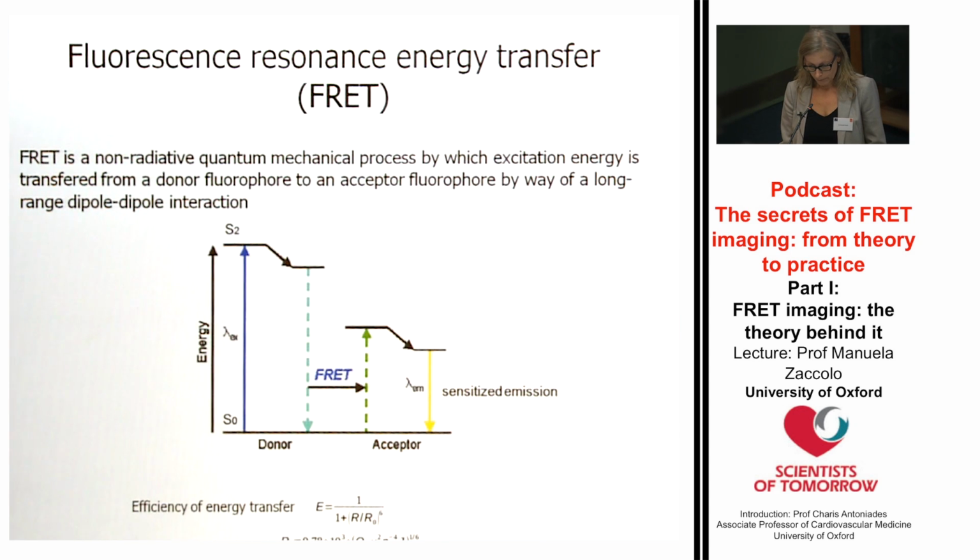It depends on the parameter K squared, which has to do with the reciprocal alignment of the dipole moments of the two fluorophores. It depends on n, which is the refractive index, and it depends on J, which is the integral of the spectral overlap. I will come back to this equation a bit later in my presentation, but for the moment, I'd like to simplify even more this concept in practical terms.